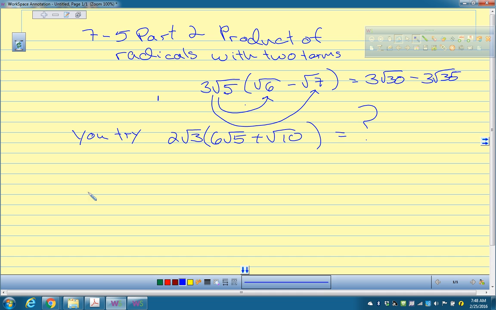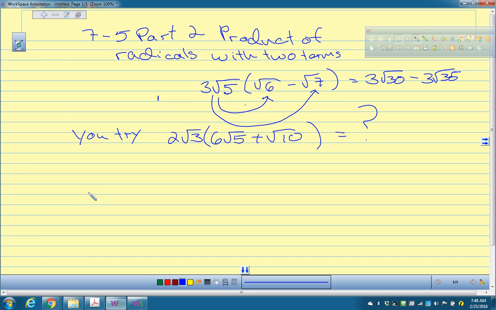Chase, where's yours? Wait. You didn't multiply the 2 and the 6 together. Okay, that's right. Yes, that's right, Andres. That's correct, Sophie. That's right, Calvin.